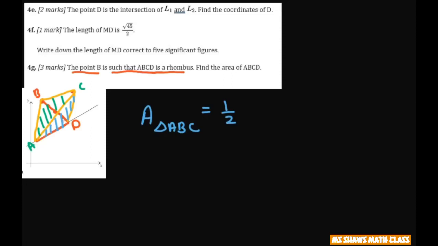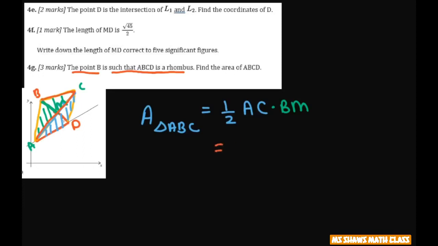Our base of this triangle is going to be AC. And our height is going to be BM, because this point was M. That's why we're doing the top part of this triangle.